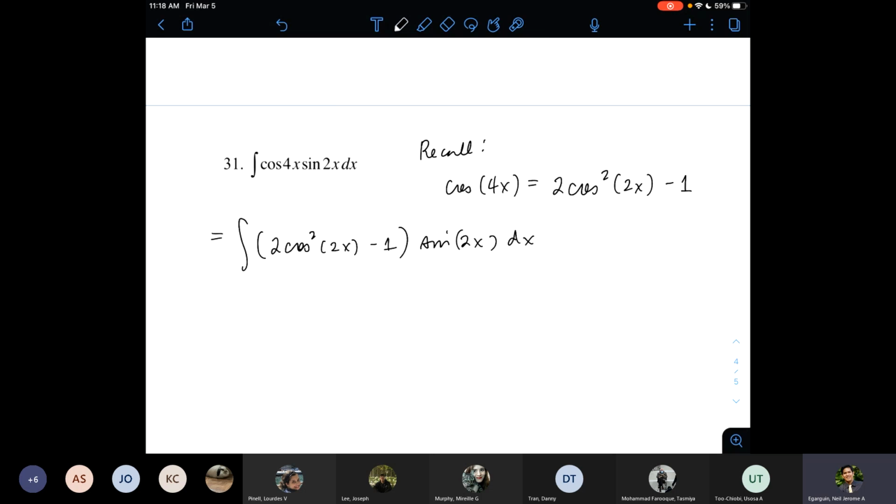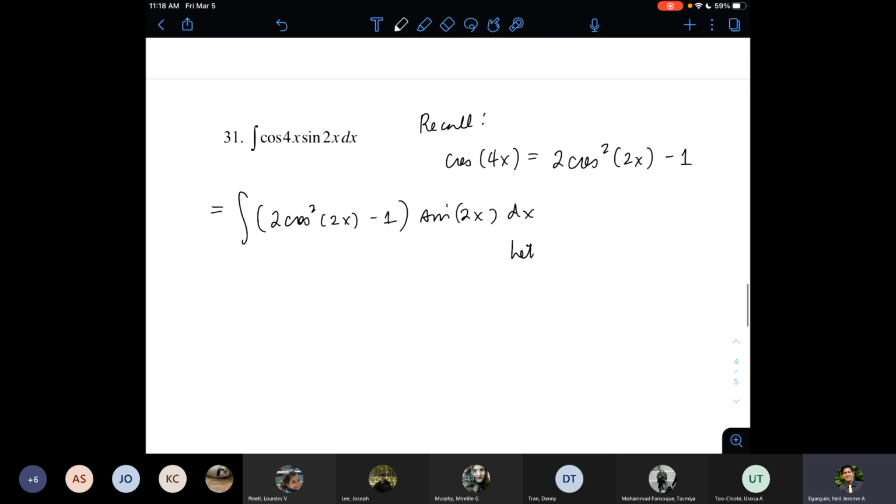And what I like about this form is that all of the trig functions have a 2x inside of them. So we can perform u substitution here. Now we can let u be equal to cosine 2x. So du becomes negative sine of 2x times 2 dx, right?